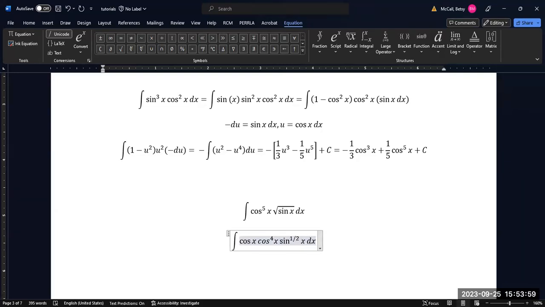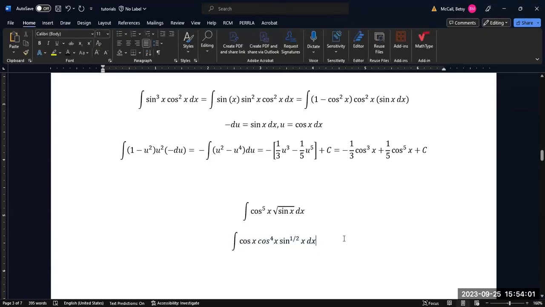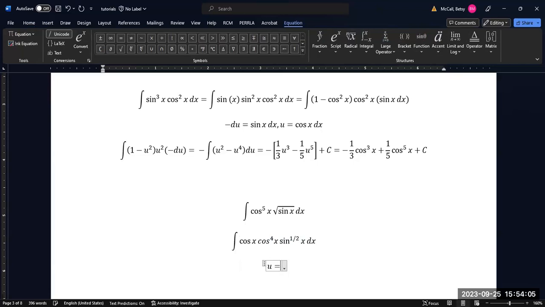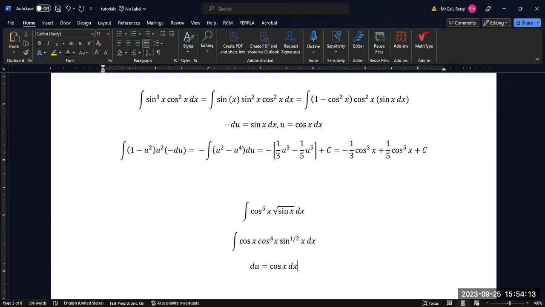And again, what I'm going to claim here is that I can let du be cosine x dx. The odd one is my derivative, and then u is sine x. And again, check your signs. The derivative of sine x is positive cosine, so I don't have a minus sign to deal with here.